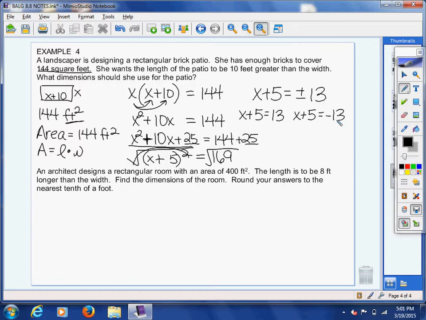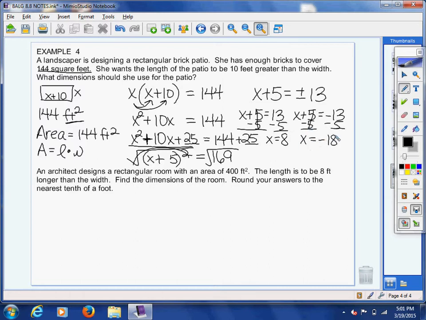There you go. All right, so what do we need to do to each side to get x by itself? That's right, we need to subtract 5 from each side. Here we go. So now I got x equals 8, and then subtract 5, and I've got x equals negative 18.